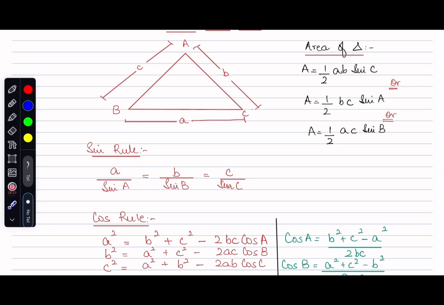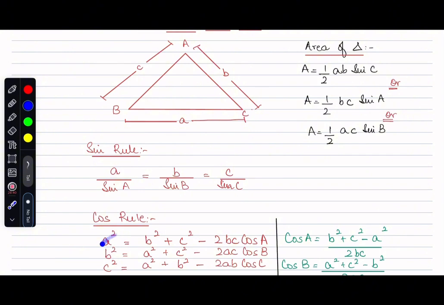In the same manner, b square shall be equal to a square plus c square minus twice of ac into cos of the inclusive angle, which is B here. And then c square shall be equal to a square plus b square minus twice of ab cos of C.